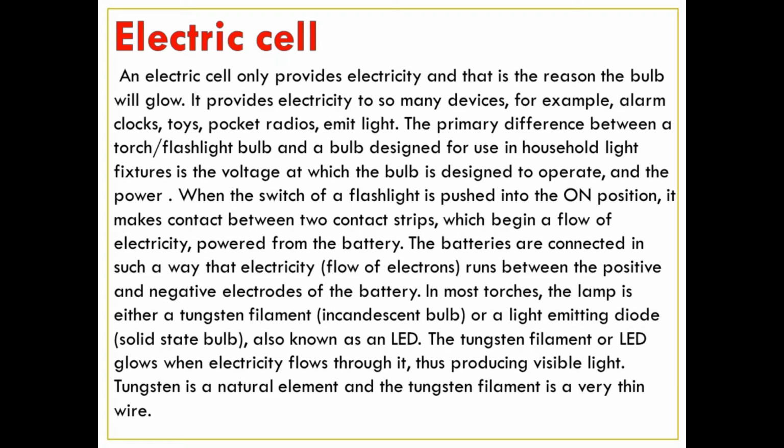In most torches, the lamp is either a tungsten filament incandescent bulb or a light emitting diode, which is known as LED. The tungsten filament or LED glows when electricity flows through it, thus producing visible light. Tungsten is a natural element and the tungsten filament is a very thin wire.